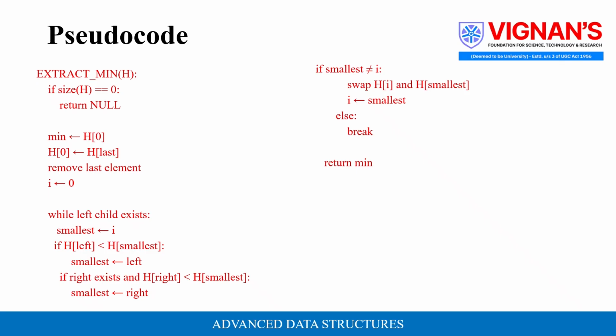If smallest is not equal to I, swap the elements at index I and smallest, and update I to smallest. Otherwise, break the loop. Finally, return the minimum element. After this process, the minimum element is removed and the min-heap property is restored.